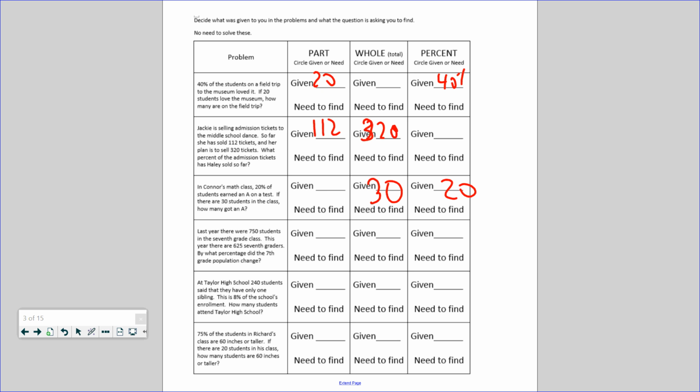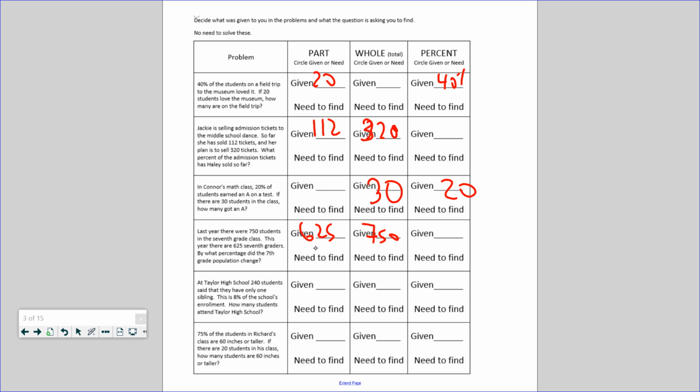Last year, there were 750 students in the 7th grade class. This year, there are 625 7th graders. By what percentage did the 7th grade population change? So we don't know the percent, so the total was 750. The part of it is 625. Oh, wait, this is a little different.